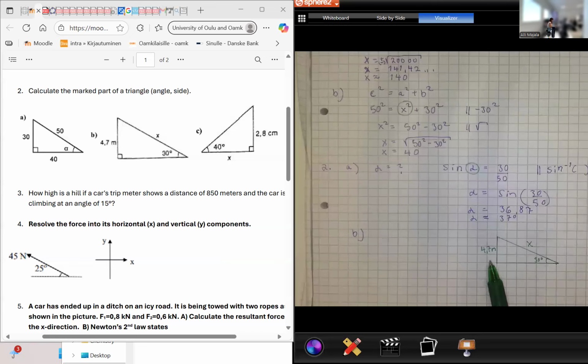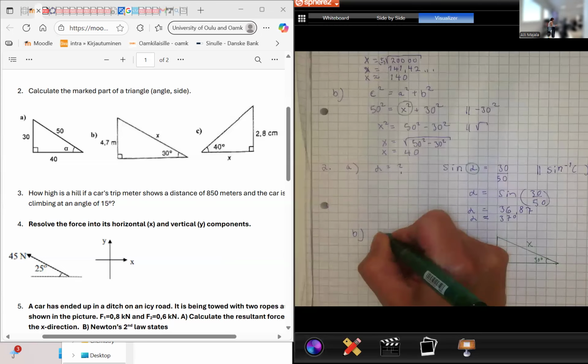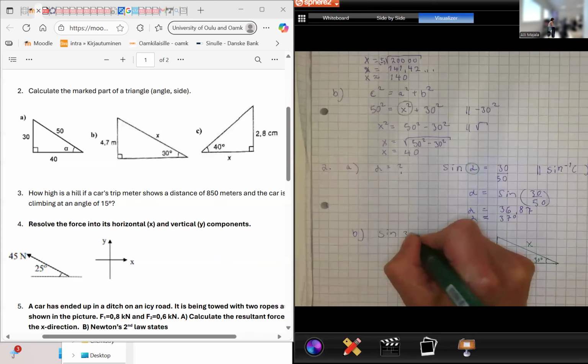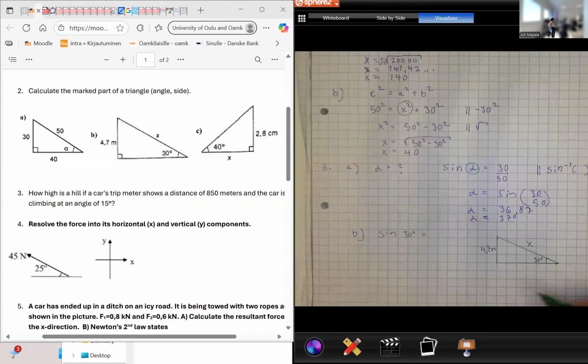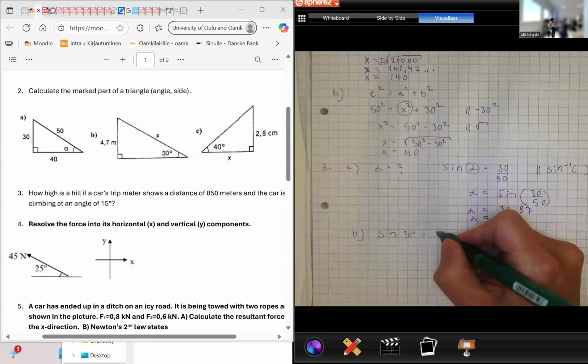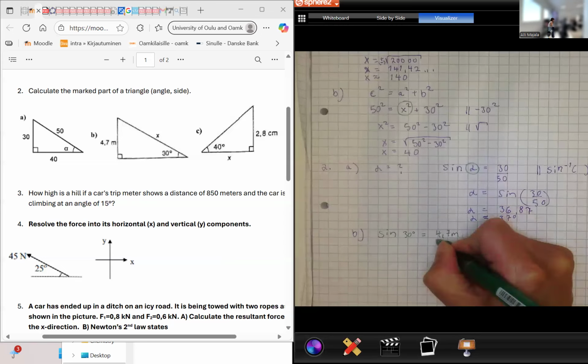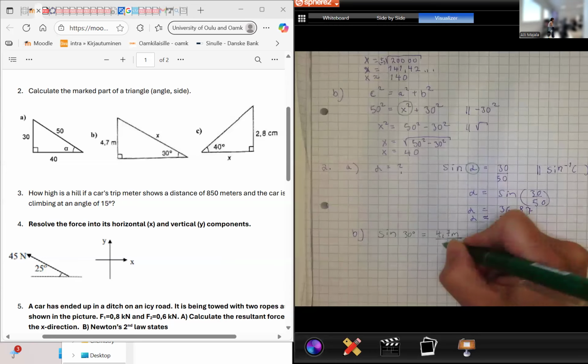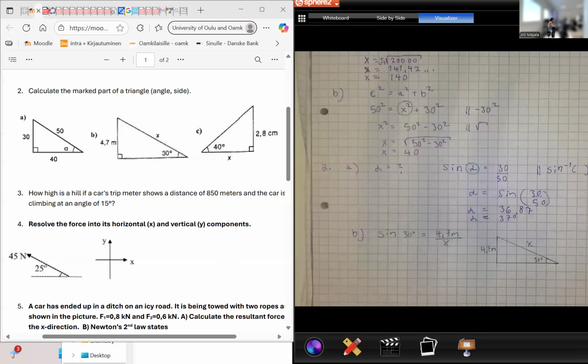So you know the opposite, and you're being asked to calculate the hypotenuse. So you would pick the sin. So sin 30 would be the opposite, which was 4.7 meters, divided by the one that's been asked.